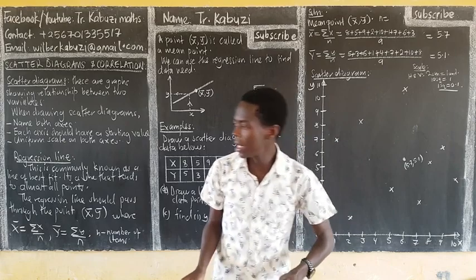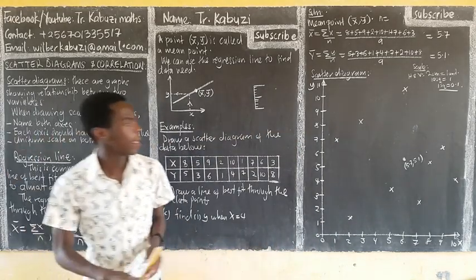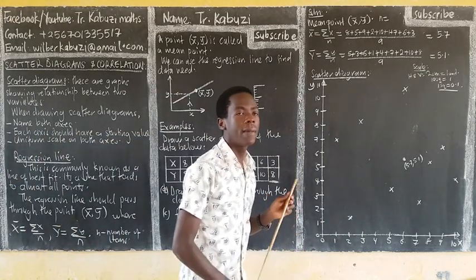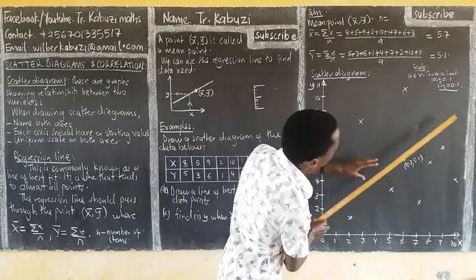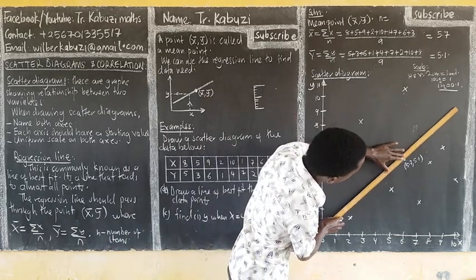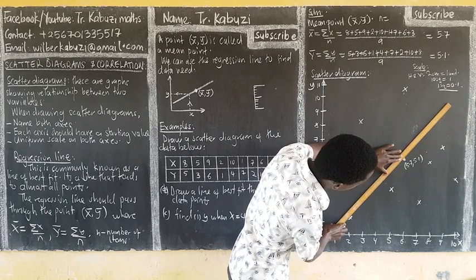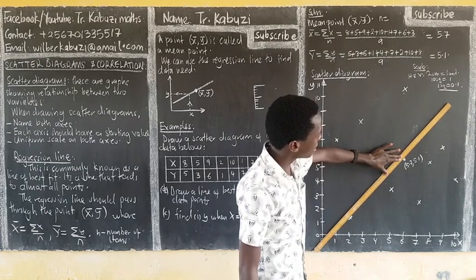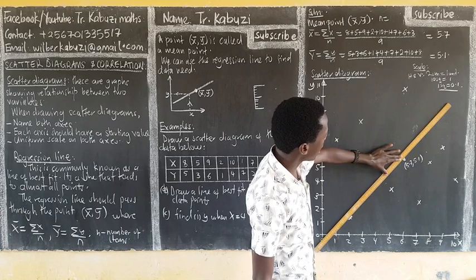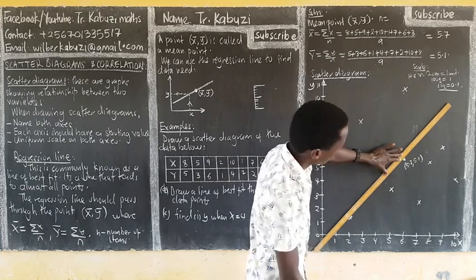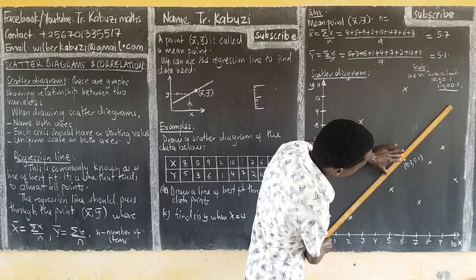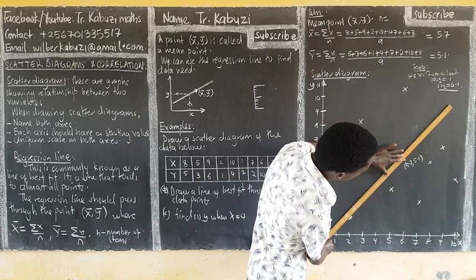Let us draw the line of best fit. We say the line of best fit should pass through this mean point. So if I draw it like this, that's the best way I can draw that line of best fit, because the points are all scattered around.